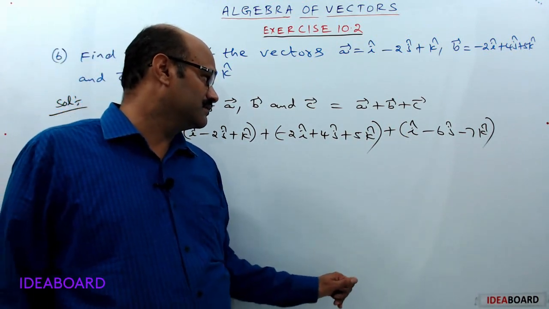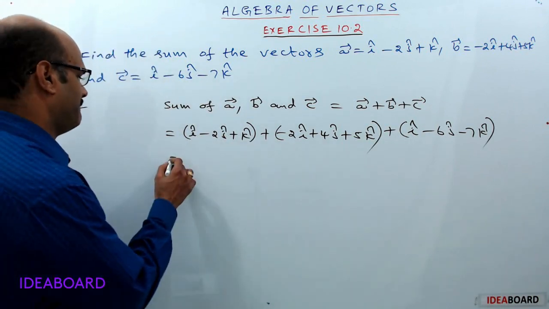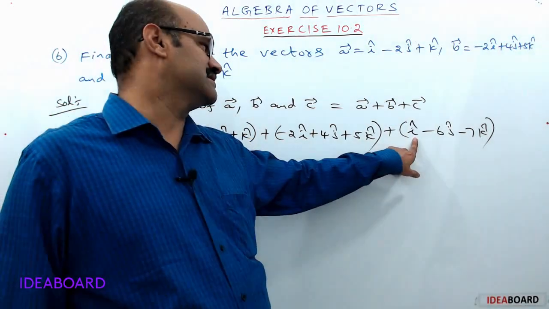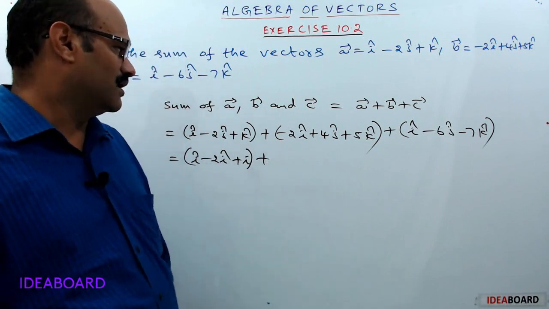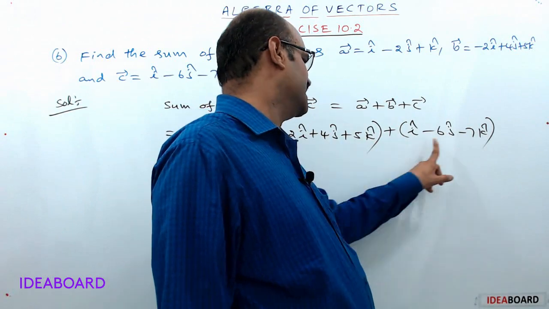Now here we have to take the like vectors. Take i cap minus 2i cap plus i cap, plus, and now here we take all vectors containing j cap here.